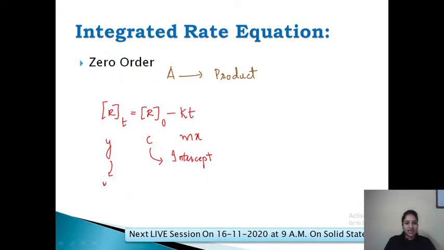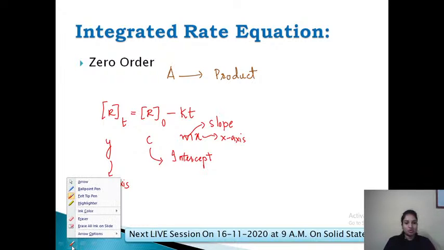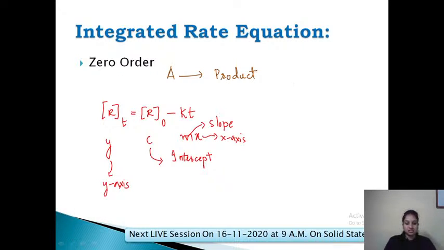This will be your y-axis as usual, your x will be your x-axis, and your m will be your slope. Now how do we draw a graph from this? Using the straight line equation, we can draw a graph of this. So on the y-axis, what do we have?